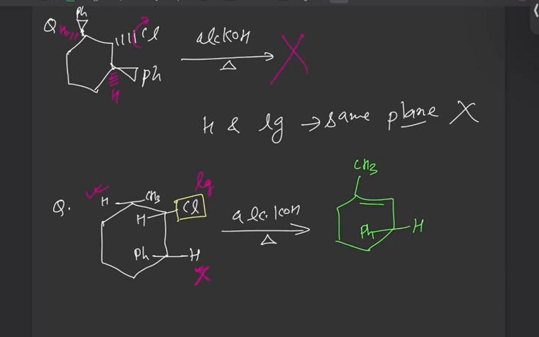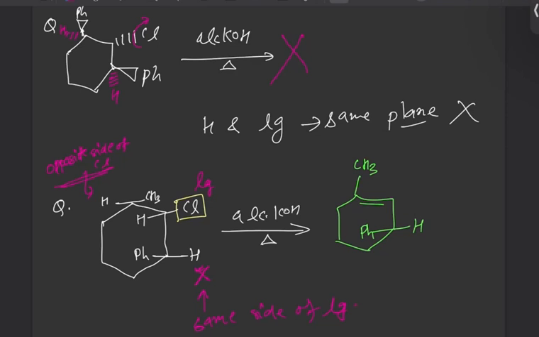Sir, can you repeat again? So if you see, this upper hydrogen is on the opposite side of chlorine. Can you see this? Yes, sir. So if this is on the opposite side of chlorine, it can be eliminated, because you need it opposite, but this one is on the same side of the leaving group, and the same side cannot be eliminated.